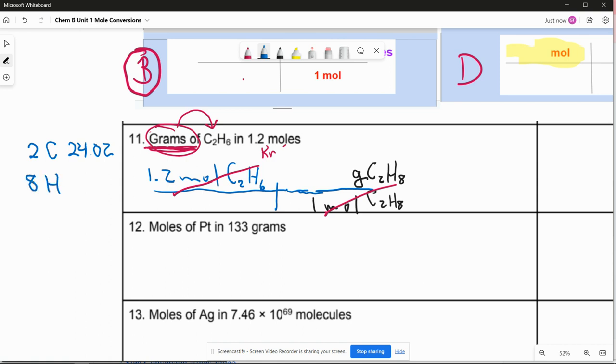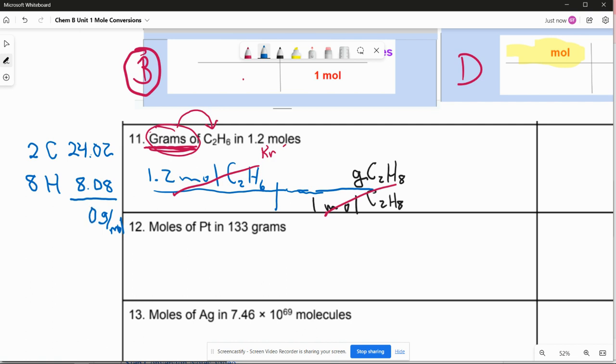I look up hydrogen on the periodic table, it's 1.01, and we're going to multiply that by 8. Very handy, that comes out 8.08. We're going to add those together, and that will be the molar mass. That'll be the grams in 1 mole of C2H8.